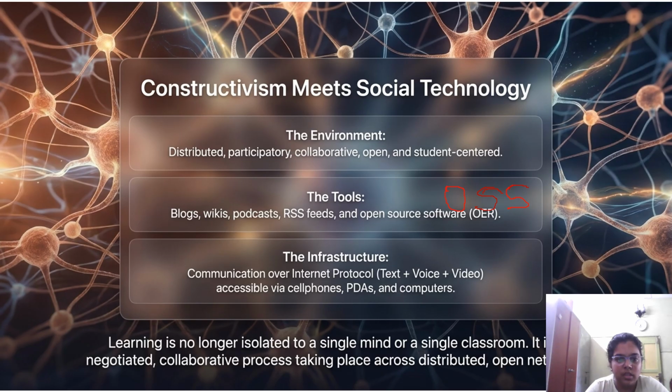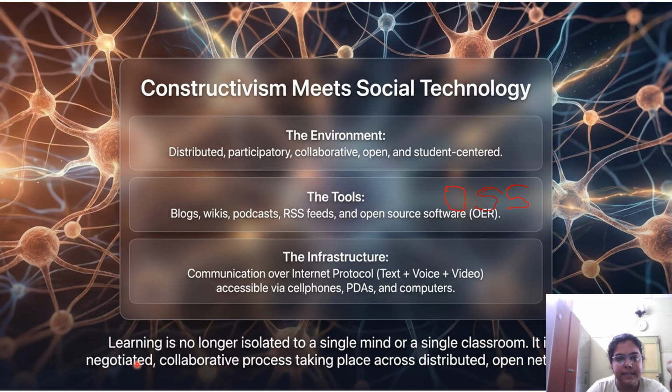What infrastructures are used? Communication over internet protocols, text plus voice plus video. Now several internet protocols are there, POP3, then IMAP and SMTP, etc. Several internet protocols are there, which are accessible via cell phones, PDAs, and computers.